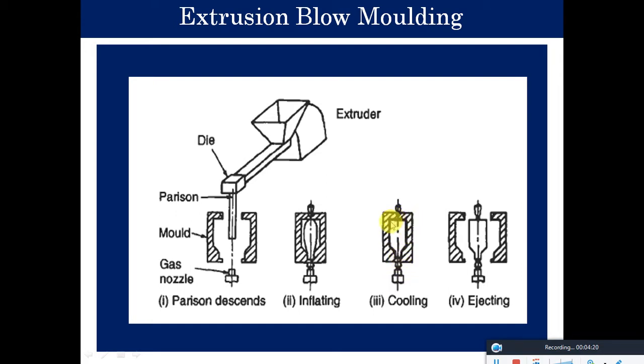Once the Parison is settled on the walls of the mold, it is allowed to cool, and after cooling it can be ejected. The final product is obtained as shown in the fourth stage.